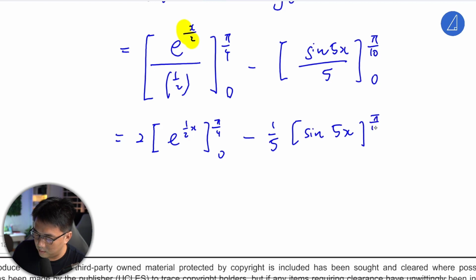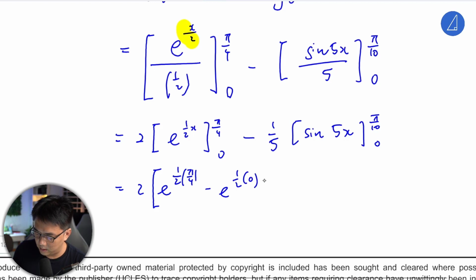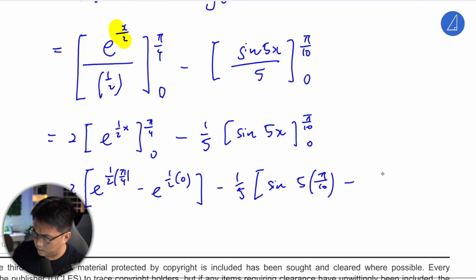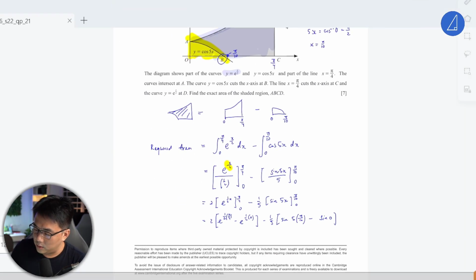Then this will be 2e to the pi over 4 times a half, which is pi over 8, then minus e to the half multiplied by 0, which is e to the power 0. Then it will be sine pi over 10 times 5, minus sine 0, which is 0. All right, that's not an issue.